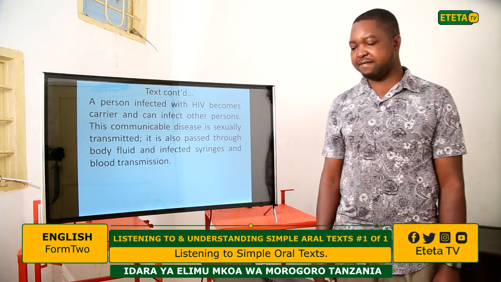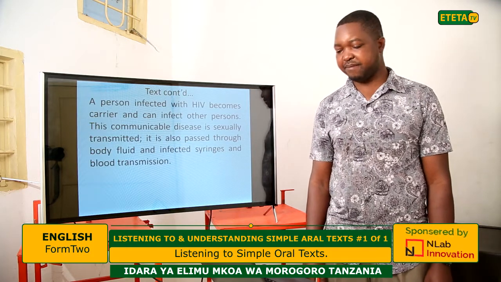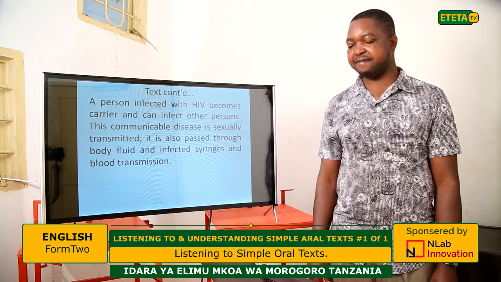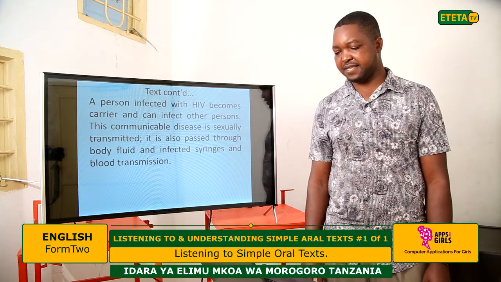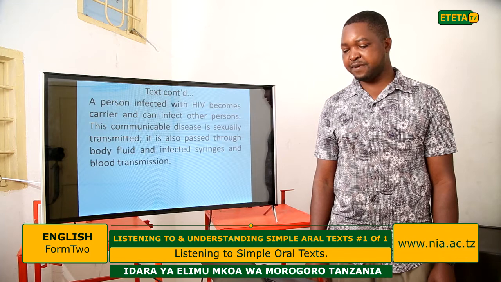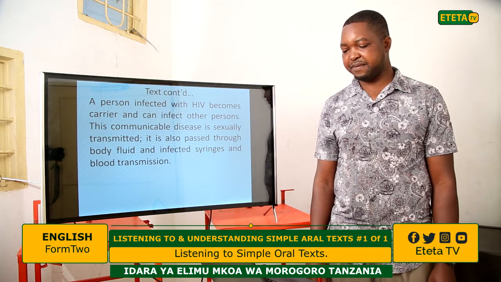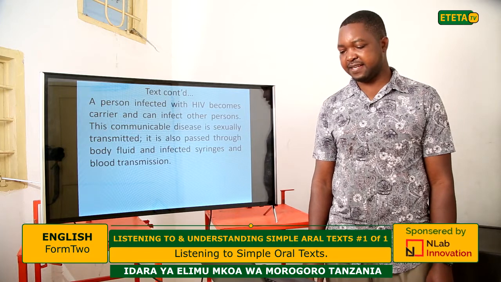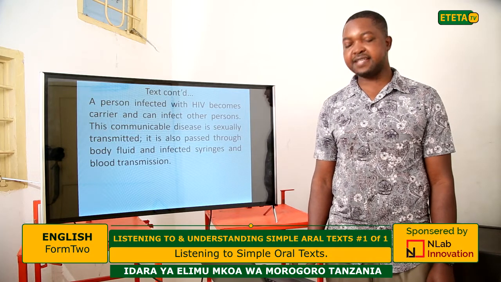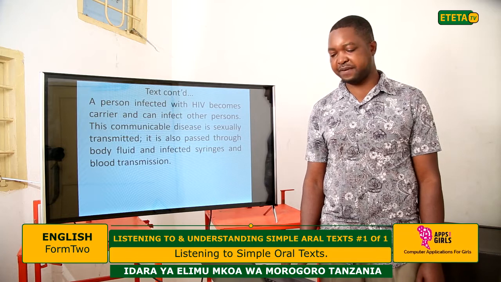A person infected with HIV becomes a carrier and can infect other persons. This communicable disease is sexually transmitted. It is also passed through body fluid and infected syringes and blood transmission.